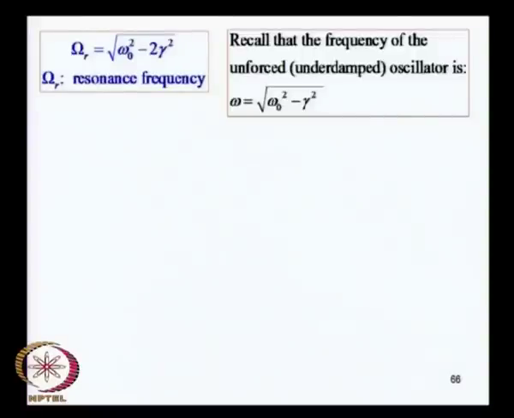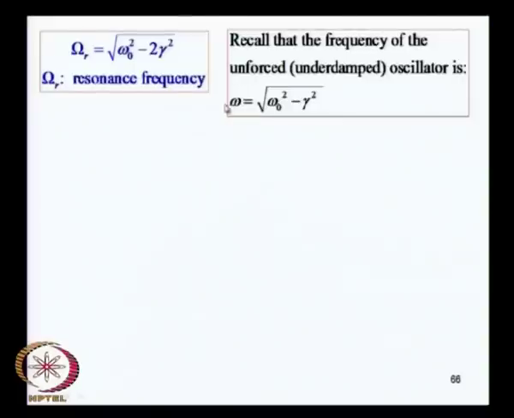Now, if you remember, this frequency is different from the frequency omega. This is the frequency of what we had called the underdamped oscillator. This was in the class that we had yesterday, in which we found that the damped oscillator, in the case of the underdamped oscillator, is not periodic motion because the amplitude diminishes exponentially, but then it is a periodic motion because the zeros are periodic.